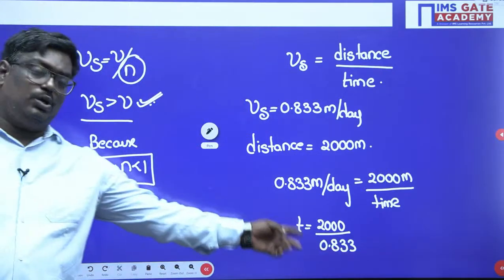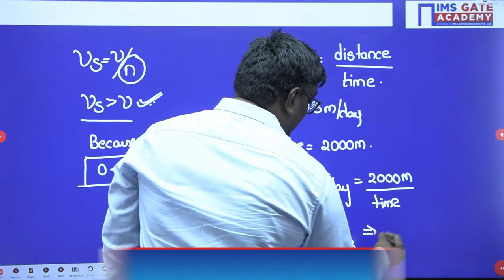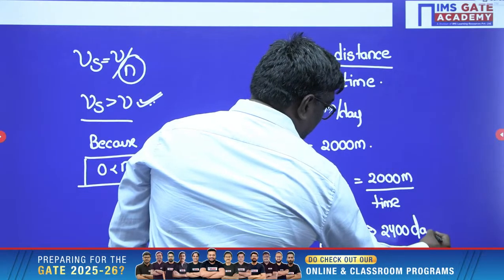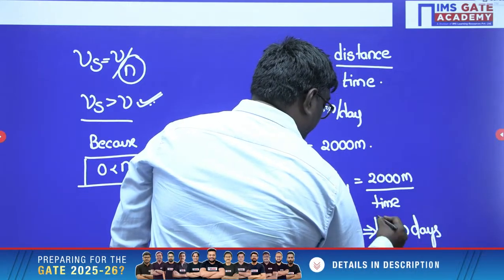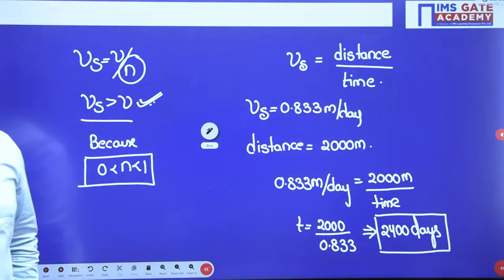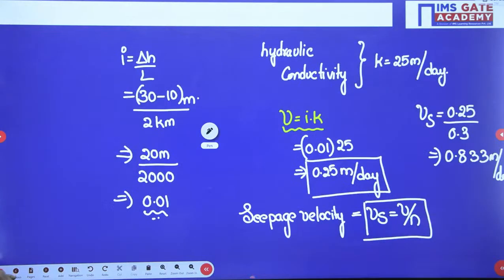So time is equal to, if you solve, can anyone tell me what answer you got? You will get an answer of 2400 days. Okay. So this is how you have to solve the problems related to this.